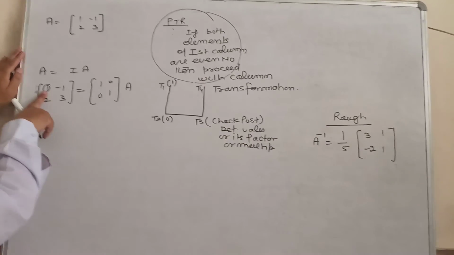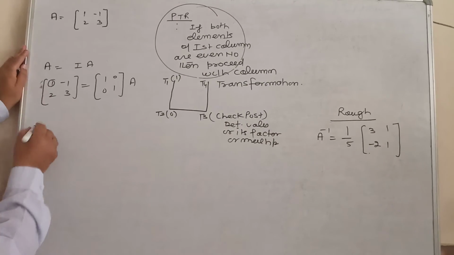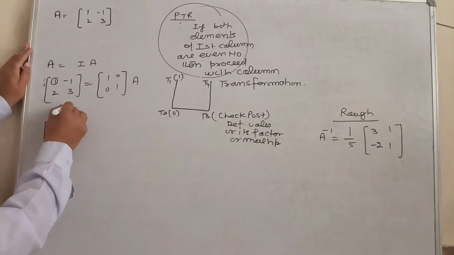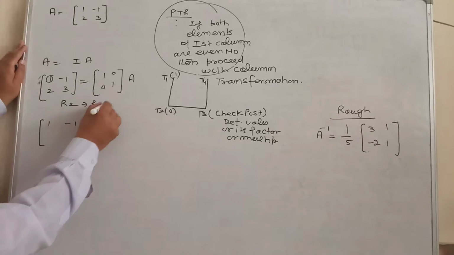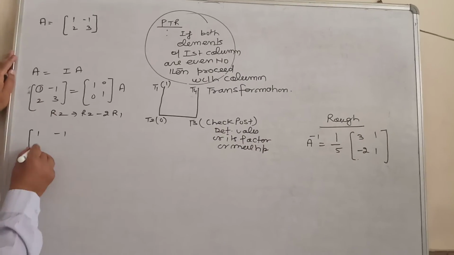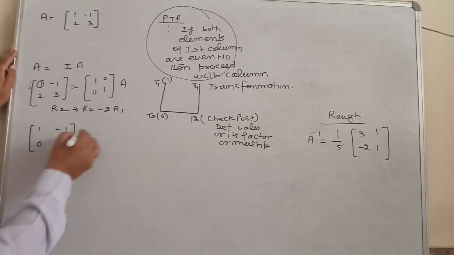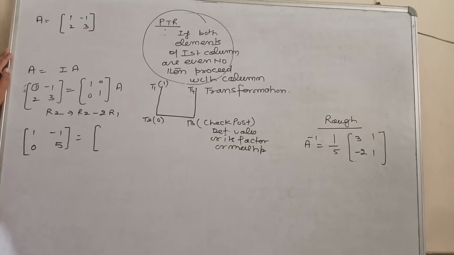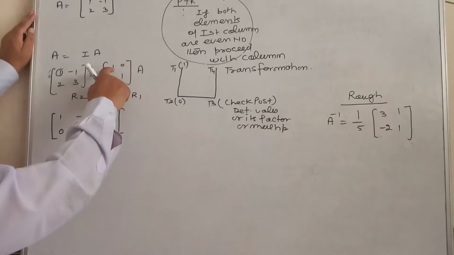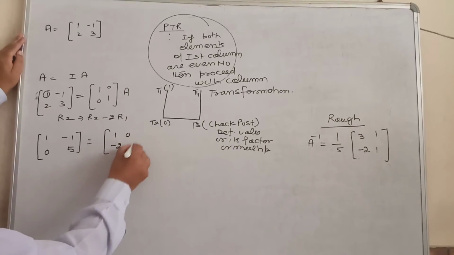Now the target 1 is already achieved, therefore you do not touch it. Now for target 2, to make it 0, R2 goes to R2 minus twice R1. 1 minus 1 twice, that is 0, and 3 minus twice of minus 1 is 5. That is 1, 0, 2, minus 2 and 1.